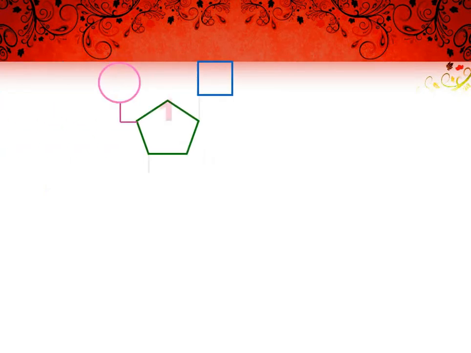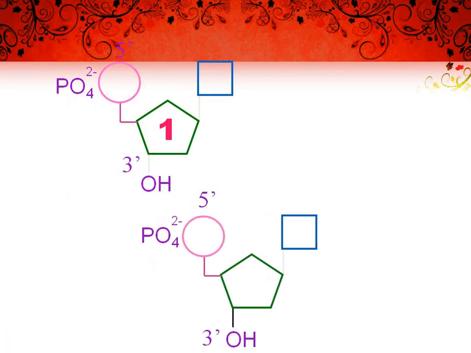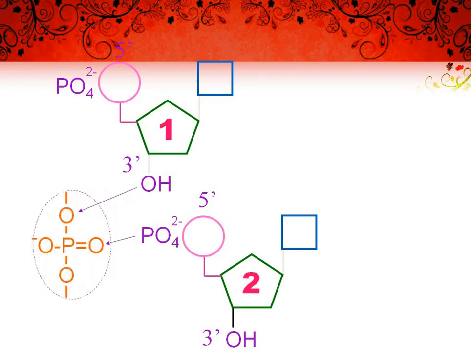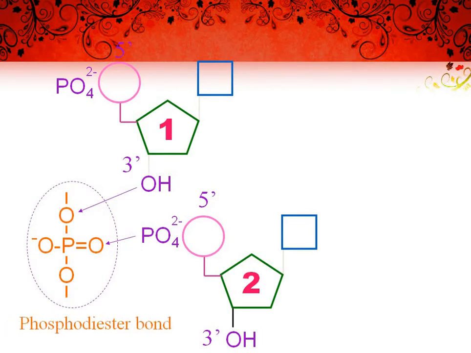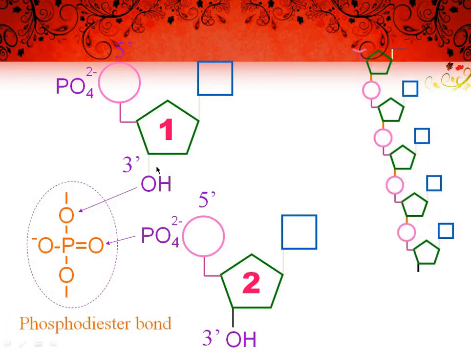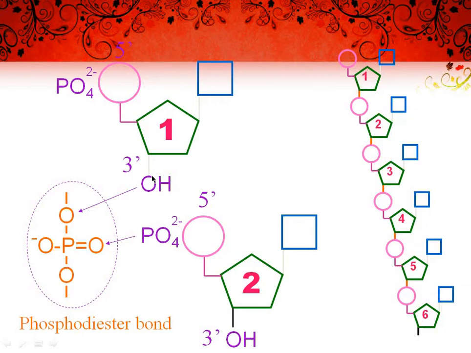Now one nucleotide gets attached to another nucleotide through a phosphoester bond. Already a phosphate is attached at the 5th carbon position by an ester bond, and another bond is established between the 3rd carbon atom of the sugar of the adjacent nucleotide.